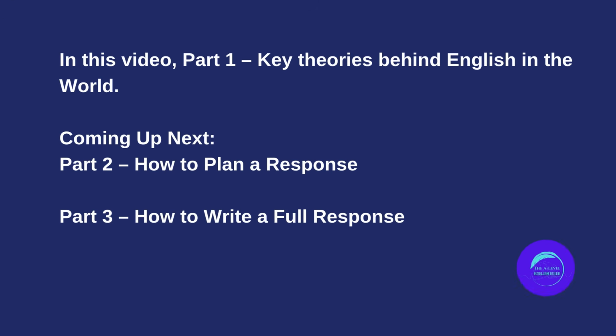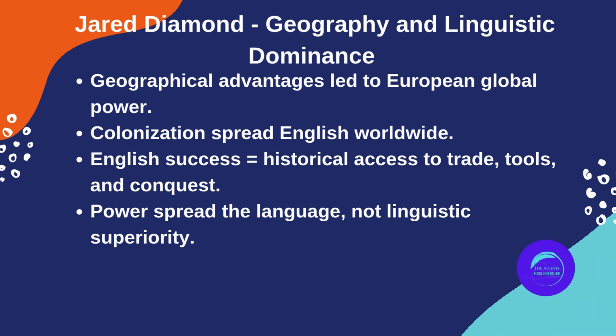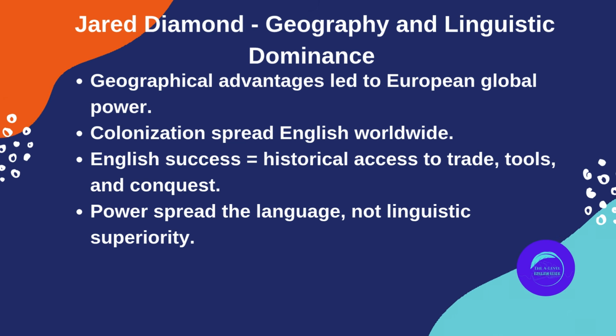Let's begin. We begin with Jared Diamond, who argues that geography, not intelligence or cultural superiority, determined which languages spread globally. In his book Guns, Germs and Steel, Diamond explains that European dominance, and by extension the global rise of English, was enabled by access to fertile land, trade routes, navigable rivers, and domesticable animals.